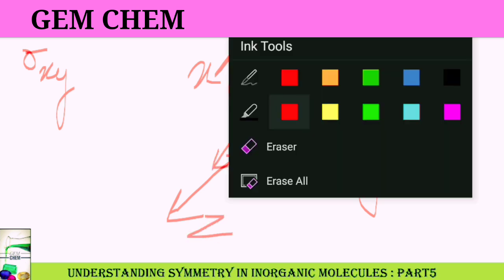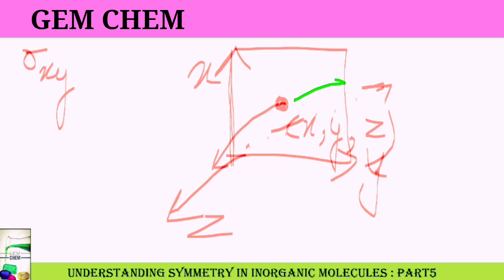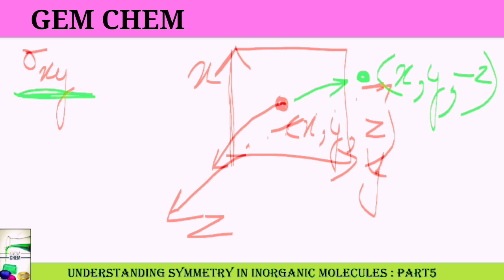So when reflection occurs, this point will come here. So it will become x, y and z becomes negative. So for this case, we can see that x, y remains constant, only the other one changes. But in case of C2x, we saw that x remains constant, other two changes. So the matrix becomes 1, 0, 0, 0, 1, 0, 0, 0, -1.